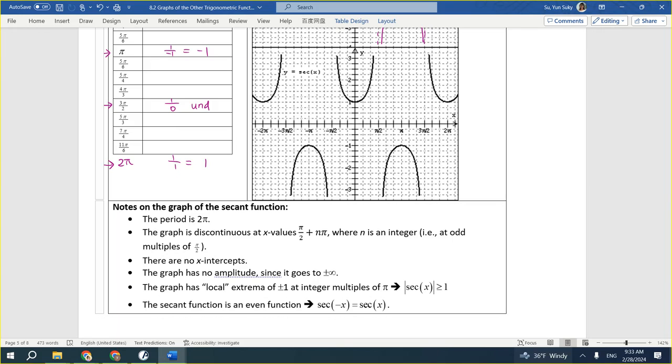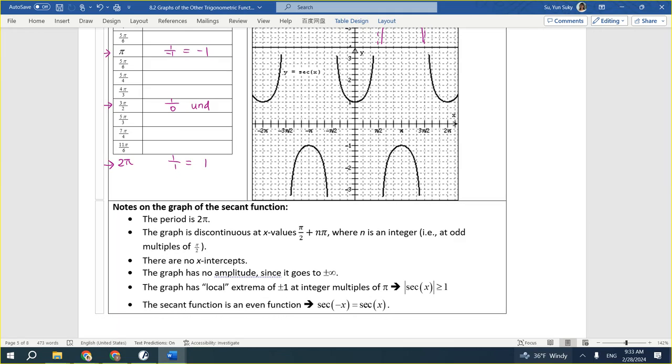Do we have any x-intercepts? No, no x-intercepts. It has no amplitude because it's not bounded. It goes to infinity and minus infinity. But it has local extrema. So you see, it has local minimums and local maximums at those n pi.